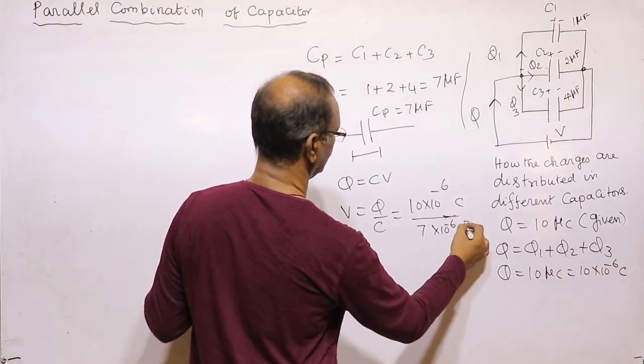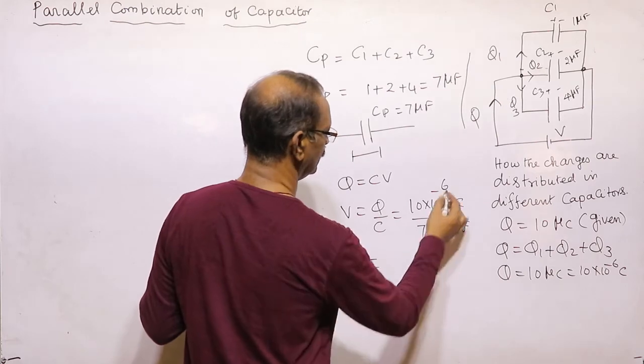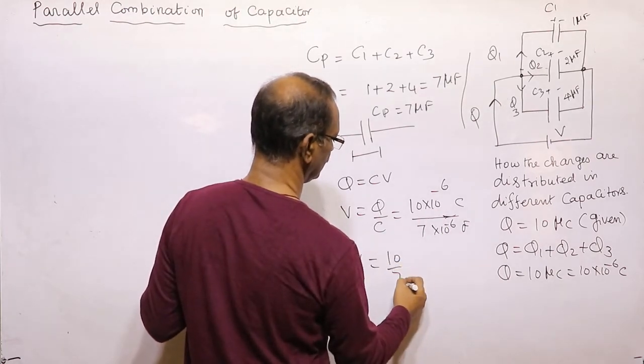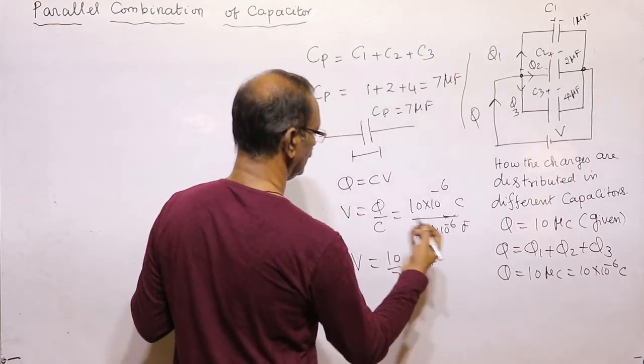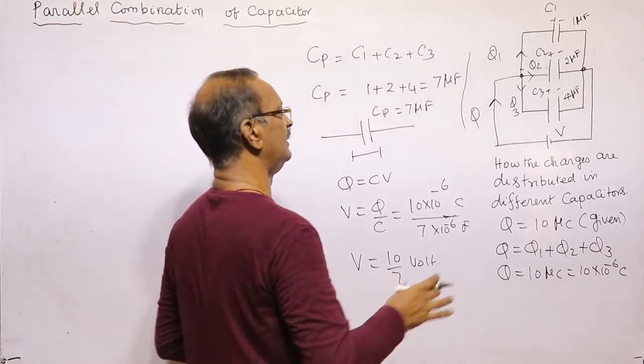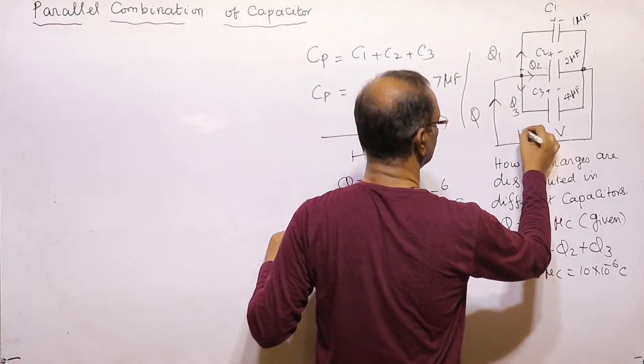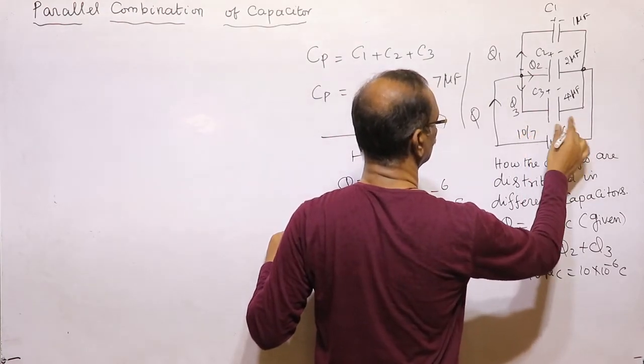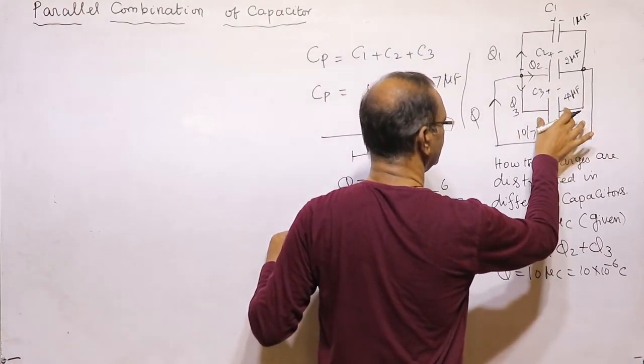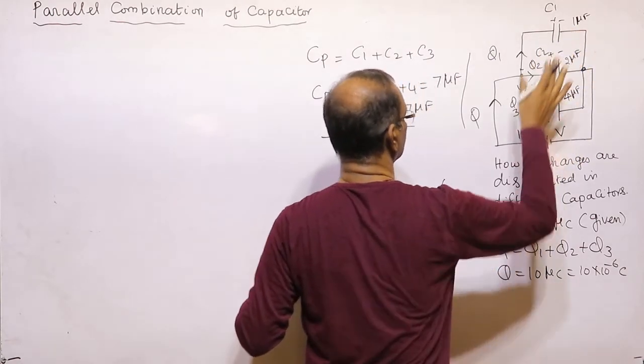Coulomb per farad is volt, so the potential is 10 by 7 volt. So we got the potential. The same potential is applied across each of the capacitors.